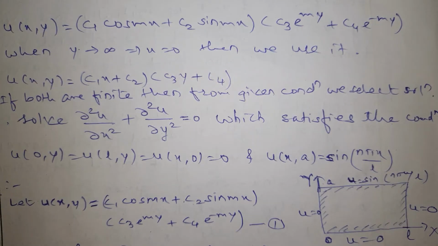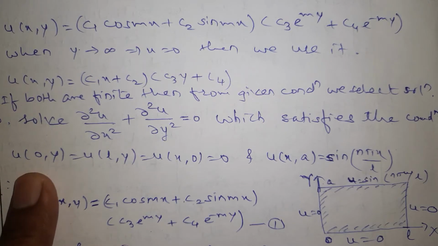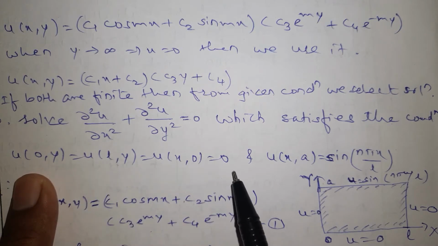Now if I think on that, I get the boundary conditions. Which are the boundary conditions here? At x equal to 0 and x equal to L, u is 0.